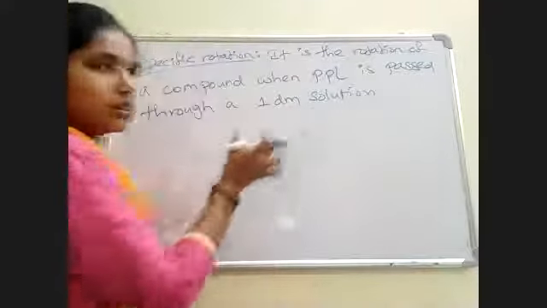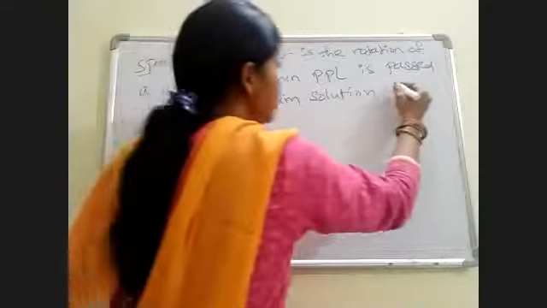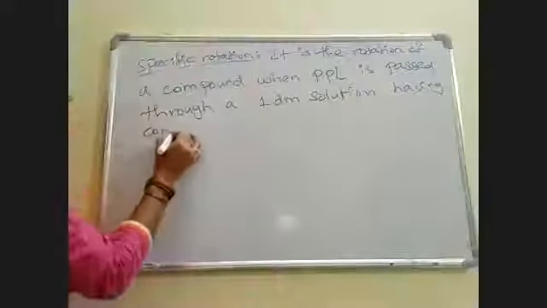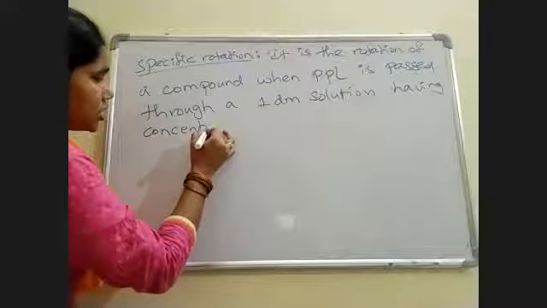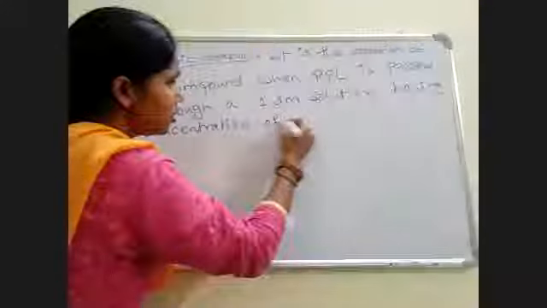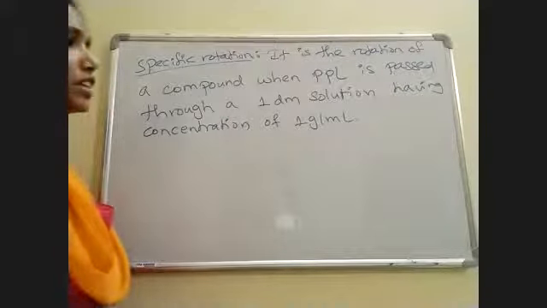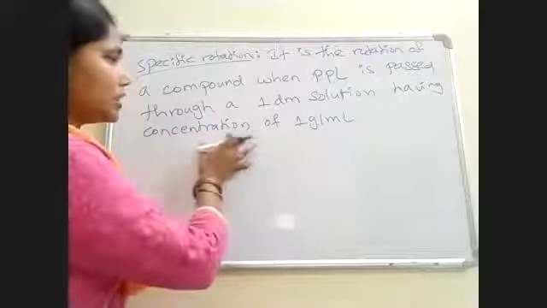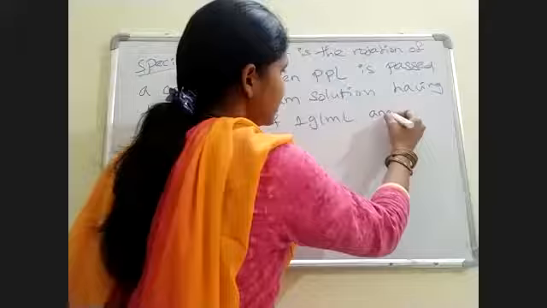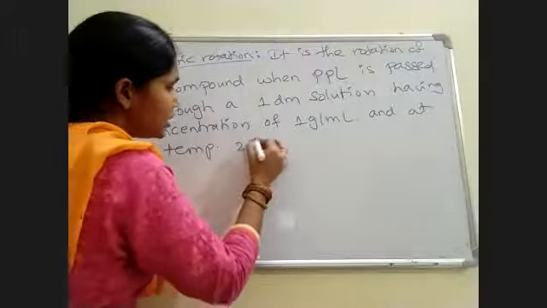That means the solution is kept in a 1 decimeter sample tube length, with a specified concentration of 1 gram per ml, meaning 1 gram dissolved in 1 ml, at 20 degrees centigrade.